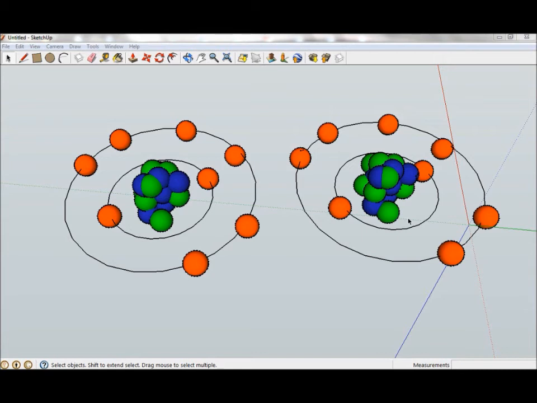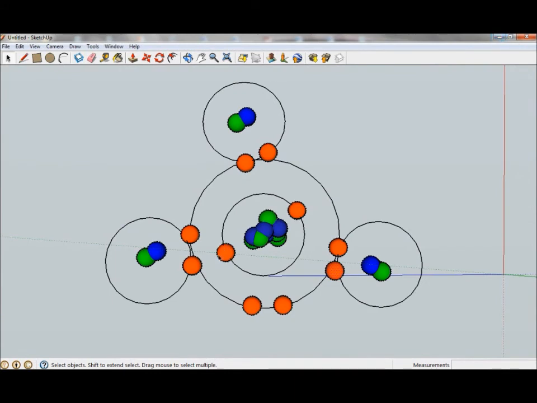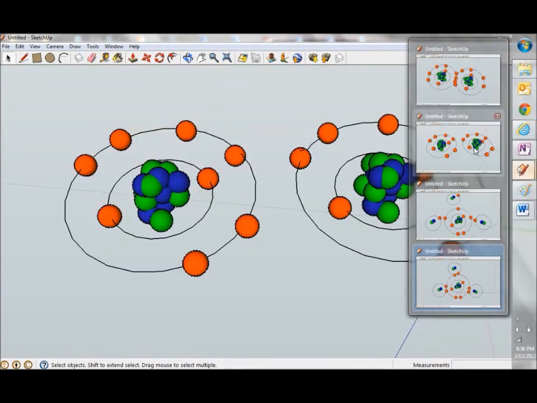Now, when atoms form double bonds, it means that they share 2 pairs of electrons, or 4 electrons are shared between the 2 atoms. If you can remember, when the nitrogen atoms and the hydrogen atoms shared electrons between themselves, they only shared 2 electrons. 1, 2. They did not share 4 electrons, but in a double bond, 4 electrons are shared.